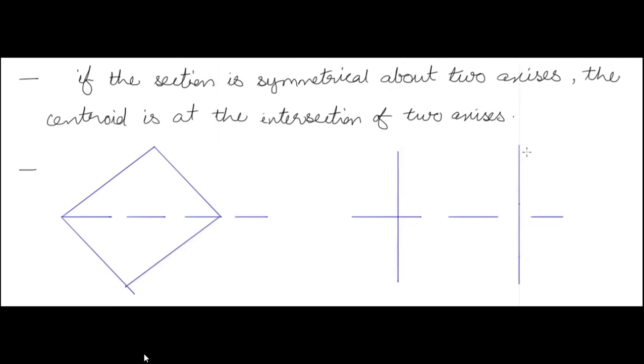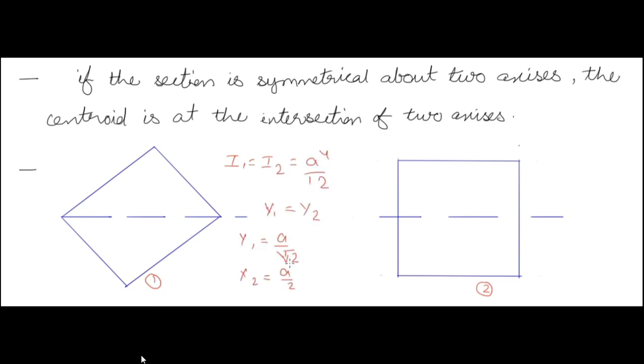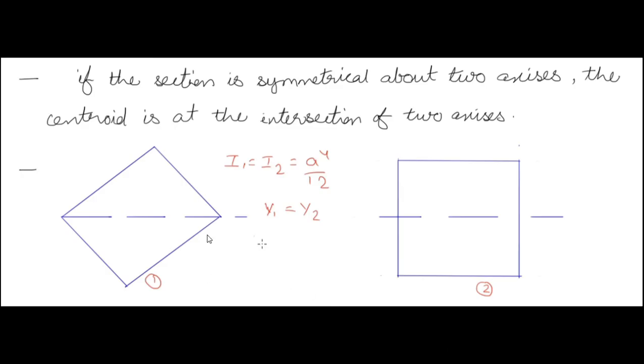Both are square shapes having side A, so both have the same moment of inertia BD cube by 12. Instead of B we have A, and instead of D we have A, so A4 by 12. So the area moment of inertia about the neutral axis is the same for both figures.